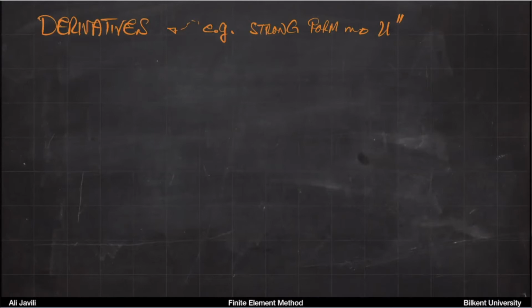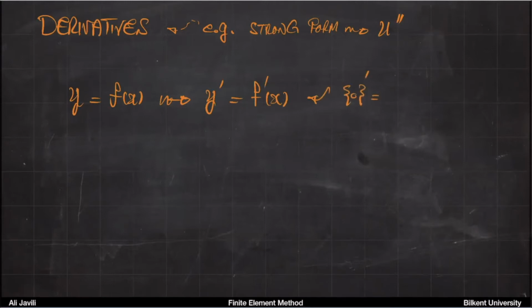In other words, if you have a y that's a function of x, usually the derivative is easy. So that u prime is just f prime of x. In this case, that prime also means derivative with respect to x, of course. I am using this notation in curly brackets, something.